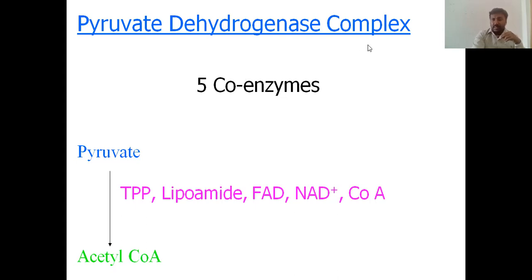The pyruvate dehydrogenase enzyme complex requires five coenzymes: TPP, thiamine pyrophosphate; lipoamide, lipoic acid combined with the amino acid lysine, which is why it is called lipoamide; FAD, flavin adenine dinucleotide; NAD, nicotinamide adenine dinucleotide; and coenzyme A. These coenzymes combine with the PDH, pyruvate dehydrogenase enzyme, to form acetyl coenzyme A. Without these five coenzymes, acetyl coenzyme A is not formed.